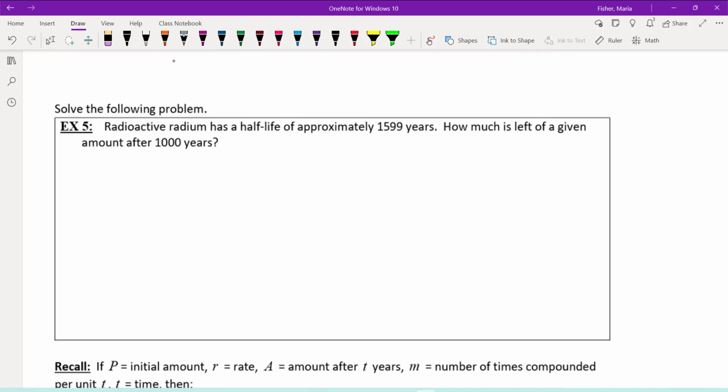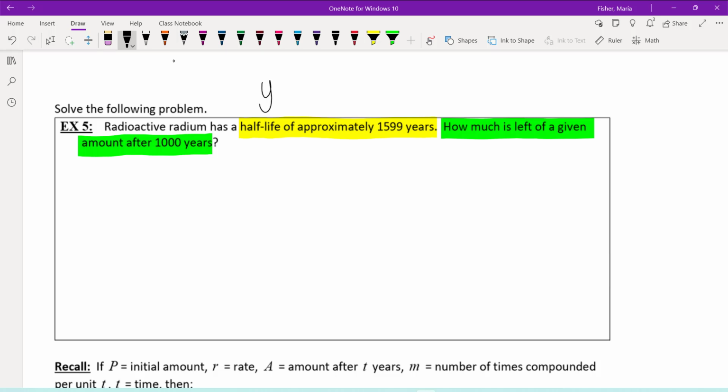Example 5 says that radioactive radium has a half-life of approximately 1,599 years. How much is left of a given amount after 1,000 years? All I know is that I have a half-life of approximately 1,599 years, and I'm asked how much is left after 1,000 years. So we know we're going to be using the formula for exponential growth and decay.